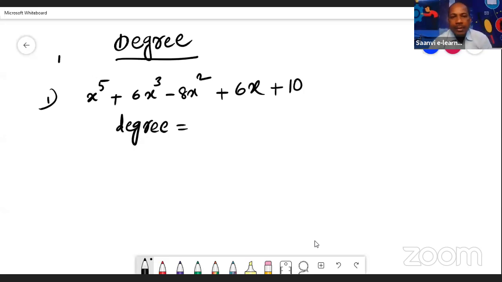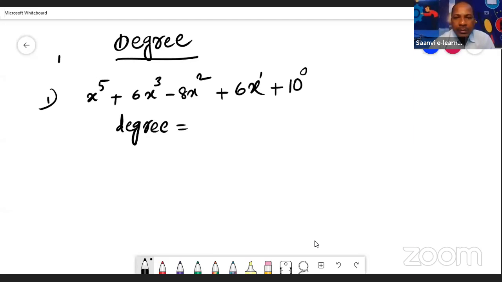Remember children, the highest power in the given algebraic expression is called degree. Here x power 5, x power 3, x power 2 are there. Here x has no power written, it means the power is 1. And this is a constant number, so the power of any constant number is always 0.